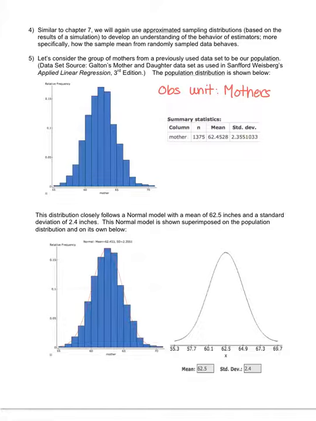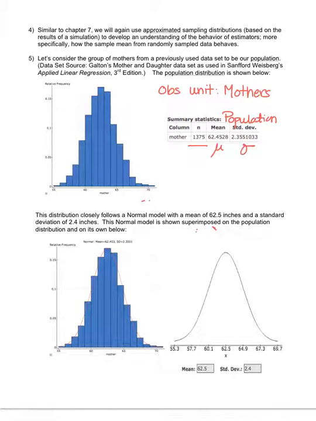Our N is 1,375. And the other two pieces of information here, we have mu, because this is our population, is 62.45, and sigma is 2.355. So again, this summary statistic is really about the population because we're going to be sampling from it.